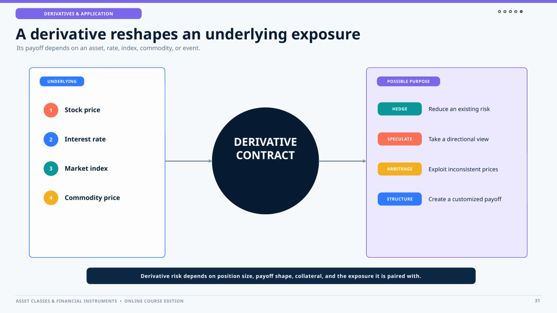Arbitrage seeks to profit from inconsistent prices across related markets. Structured payoffs combine contracts to create customized outcomes. The word derivative does not tell us whether the position is conservative or aggressive. Risk depends on the payoff shape, position size, leverage, collateral, liquidity, and the exposure held alongside the contract.